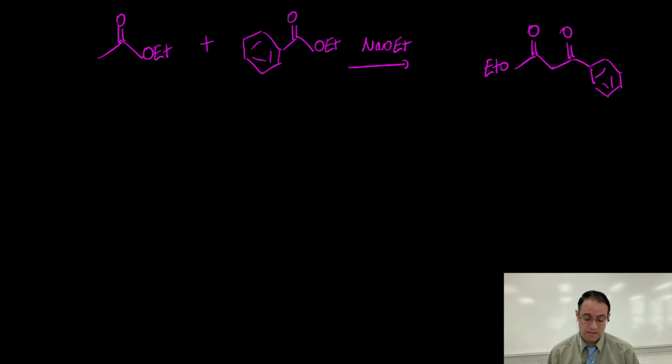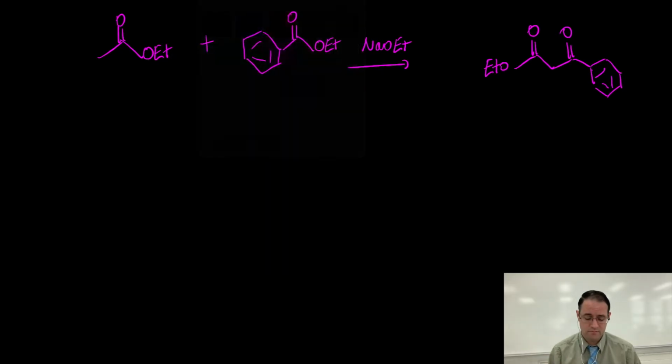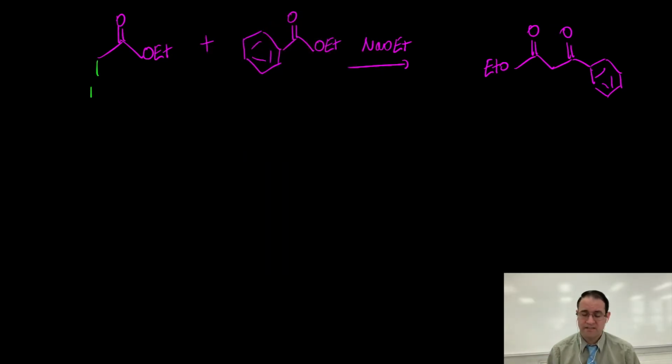So how does this work? Let's review. Let's just go through the mechanism again. If you've got this, fast forward or just go play a video game or something. But here, this is the alpha carbon, and we have ethoxide, which is the base.